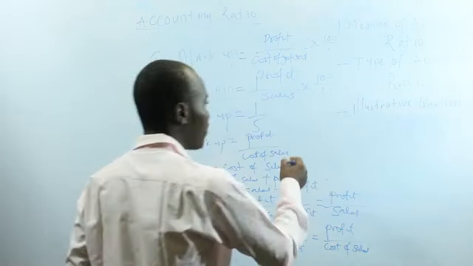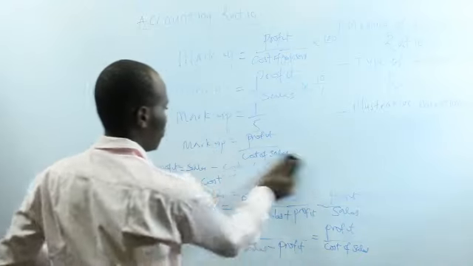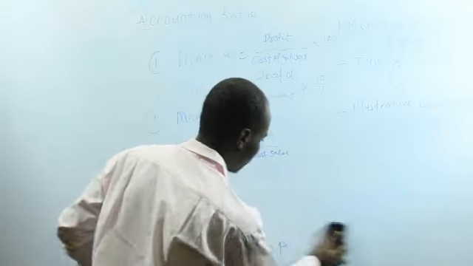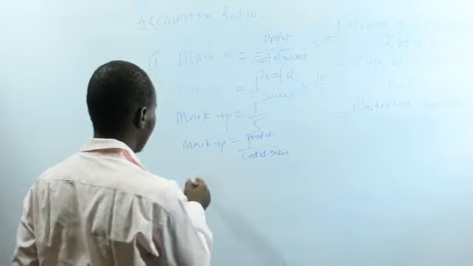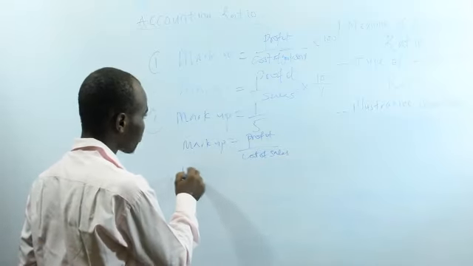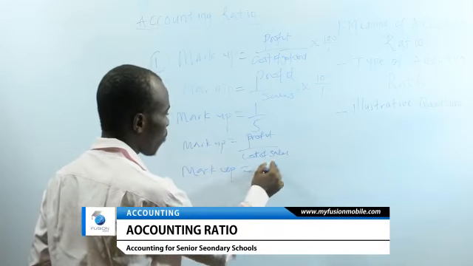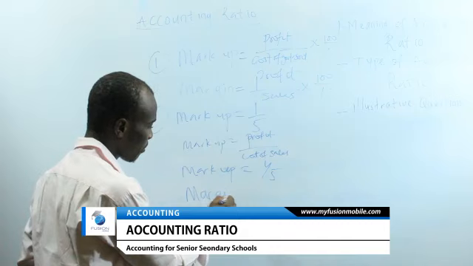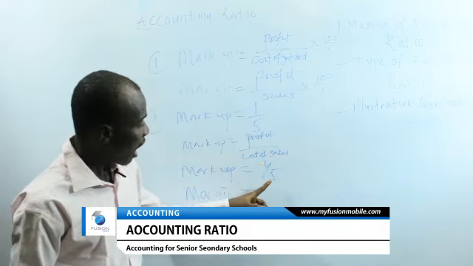So when we are given markup as 1/5, our margin will be, so we have the markup which is profit, 1 is profit and 5 is what?